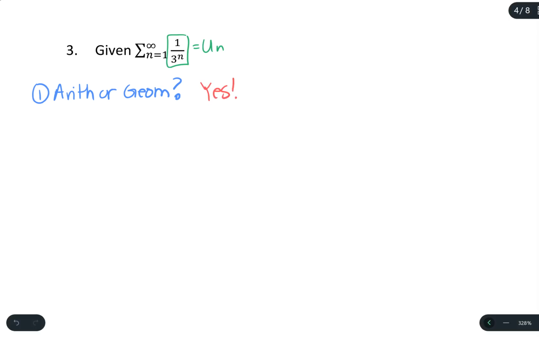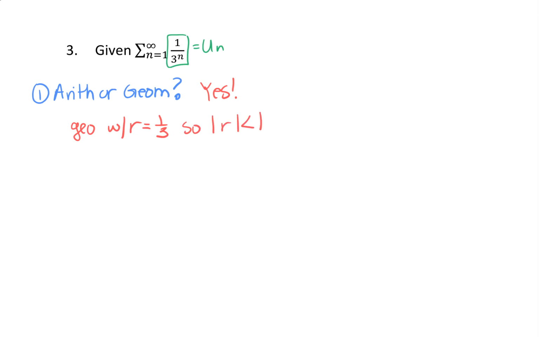So yes, this works. Now I need to think about my geometric series and when a geometric series will be convergent and when it will be divergent. I know that it's geometric with the r value equal to 1/3. So the absolute value of r is less than 1, which means that it will be convergent. And then I write that all out in my sentence.